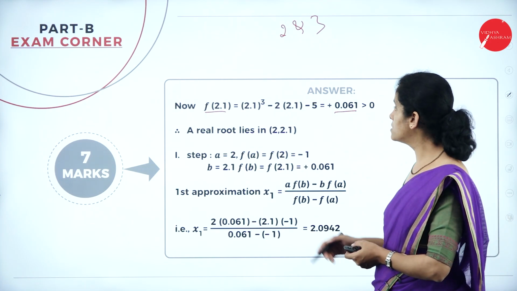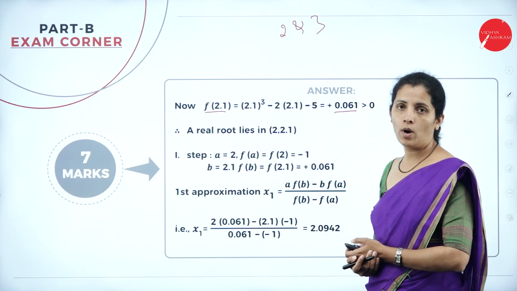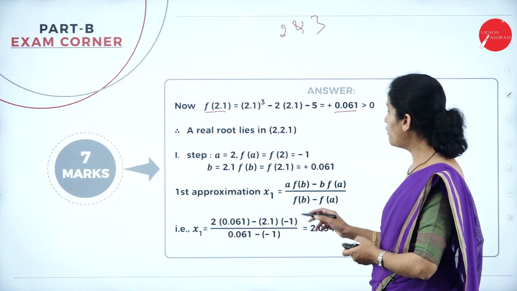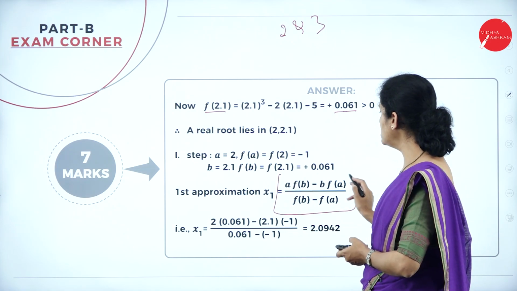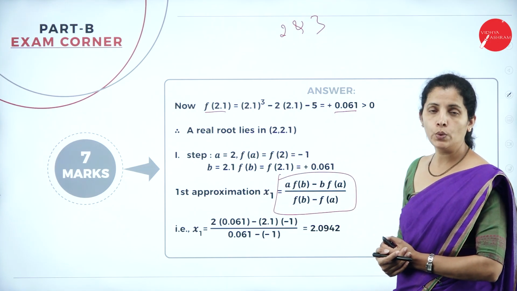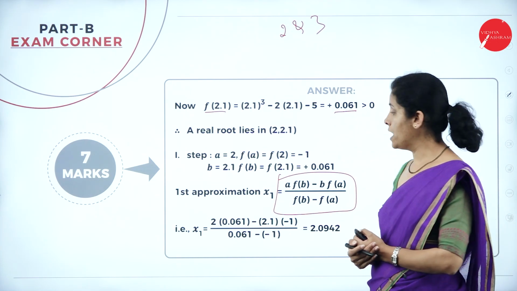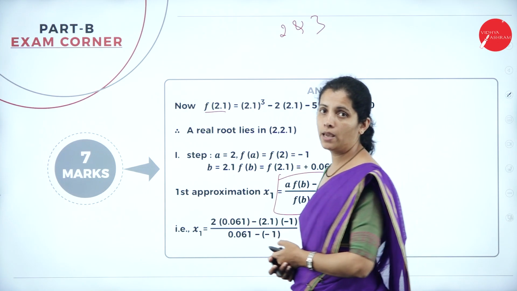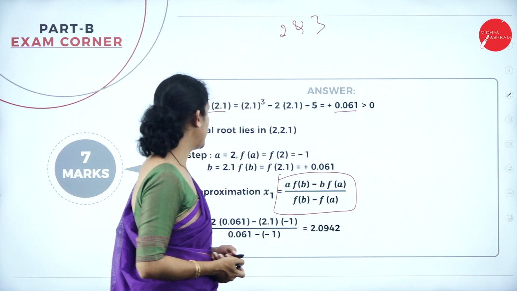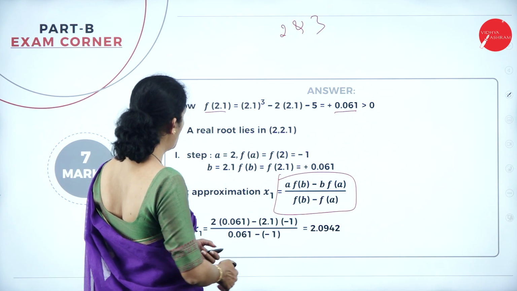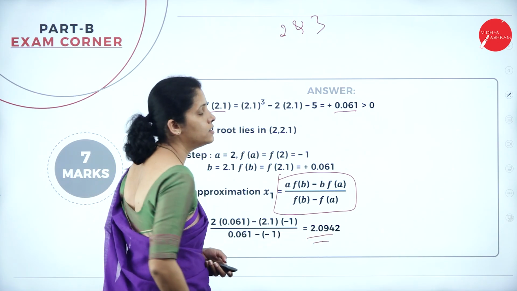Now the root lies between 2 and 2.1. Now what is the formula? That is (a·f(b) − b·f(a)) divided by (f(b) − f(a)).